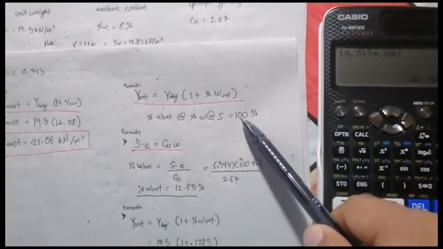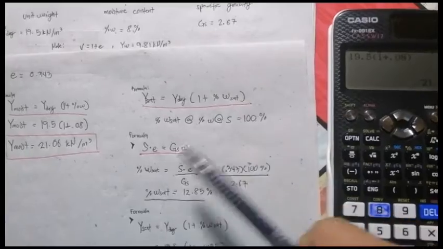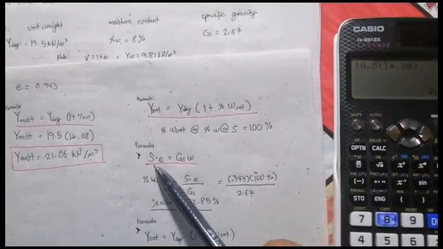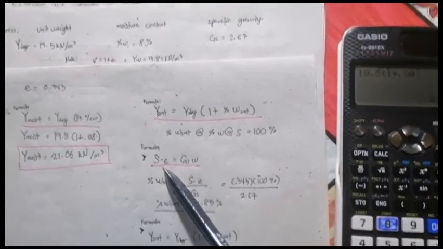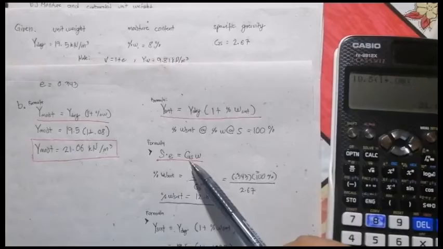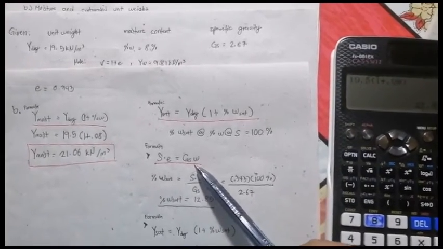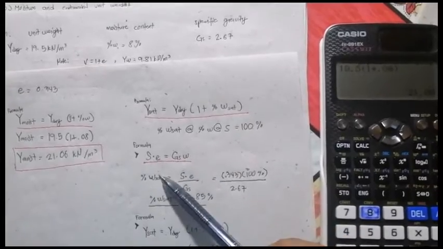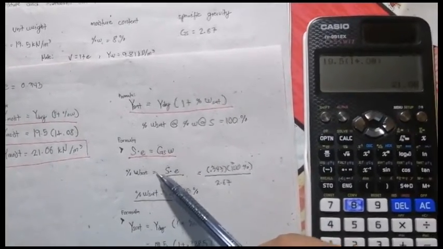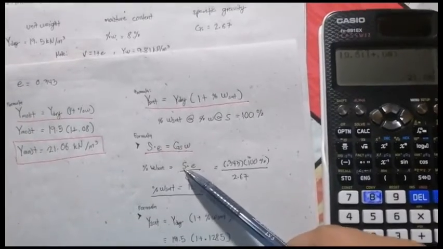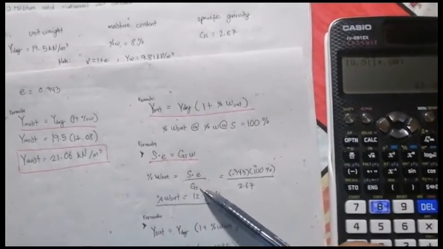Pag solve nun, meron tayong formula na saturation multiplied by the void ratio is equals to the specific gravity multiplied by the moisture content. So, saturation moisture content is equals to S times e over the specific gravity.